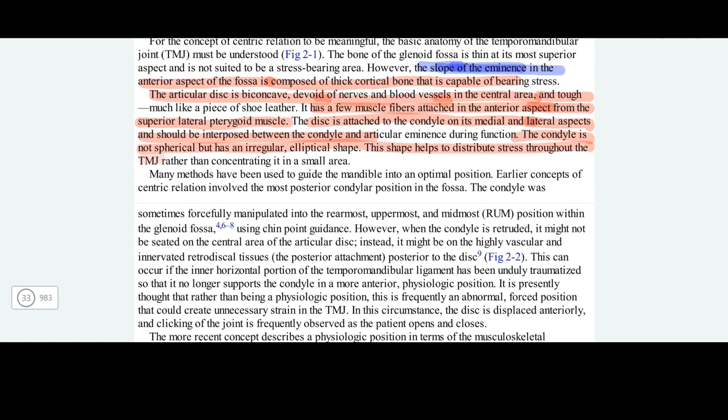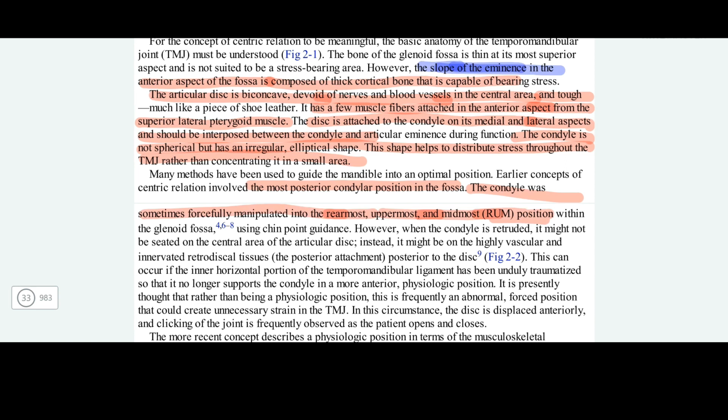Okay, distribute stress. Okay, many methods have been used to guide the mandible into the optimal position. Early concepts of centric relation involved the most posterior condyle position in the fossa. The condyle was sometimes forcefully manipulated into the rearmost, uppermost, and midmost position. That is the shortcut of RUM position. Okay, what does this mean?